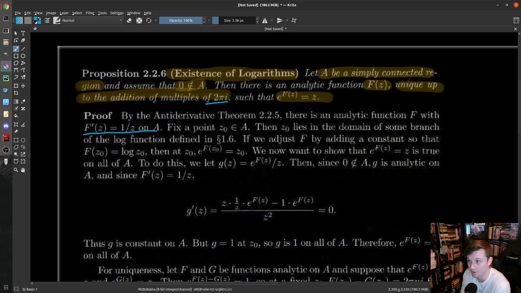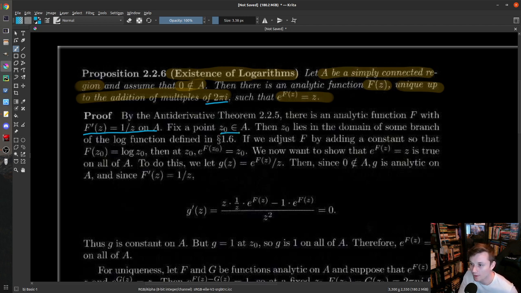If little f is 1 over z, then it's perfectly well defined and all that. It's analytic, well defined, everything's good. So there is an antiderivative. Okay, easy enough. That just comes from the antiderivative theorem.